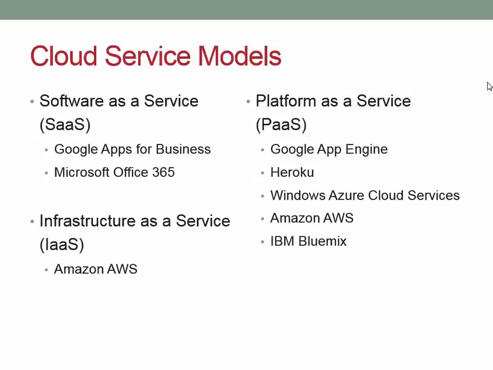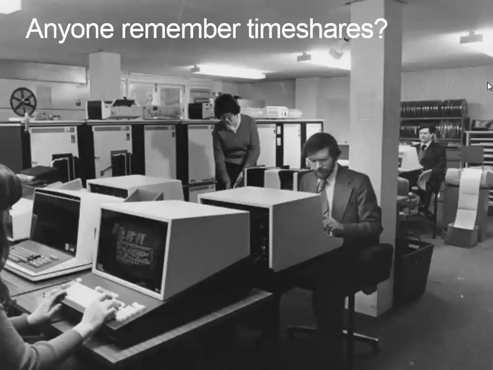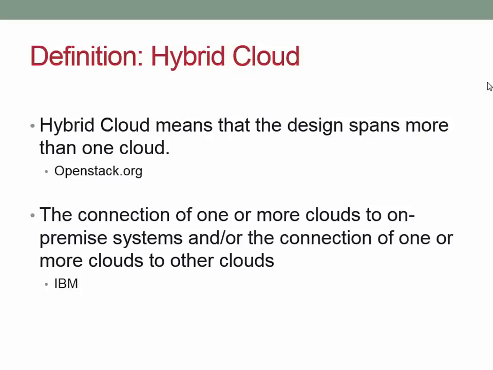There are 3 cloud service models: software as a service, for example, Microsoft Office 365, infrastructure as a service, I'm sure you're well aware of Amazon AWS, platform as a service, so things like Heroku, IBM Bluemix, and the Google App Engine. This sounds very, very familiar, if anybody remembers.